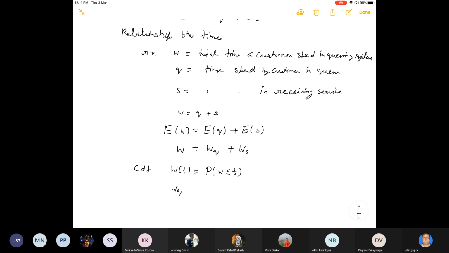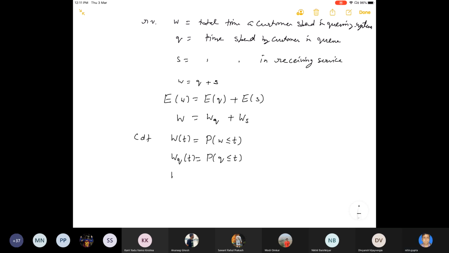WQ(t) is the probability Q is less than or equal to t. WS(t) is the probability S is less than t. That means this is the CDF of random variable S. So these are the CDFs basically.